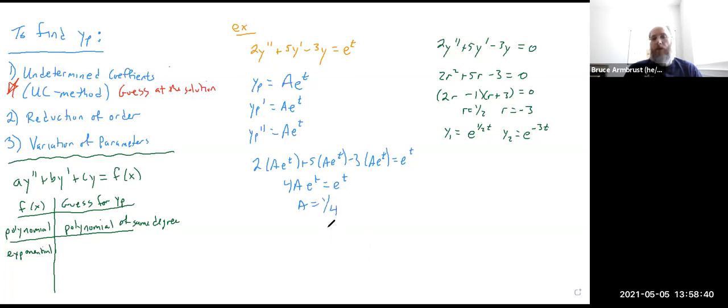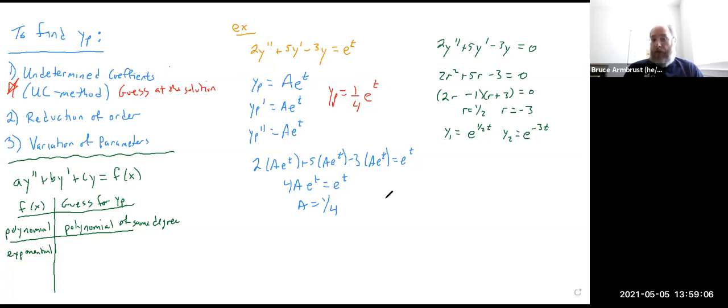So a is 1/4. So from that one, we see that 1/4 e to the t is a solution to this differential equation. When you put it in here, you actually get truth.